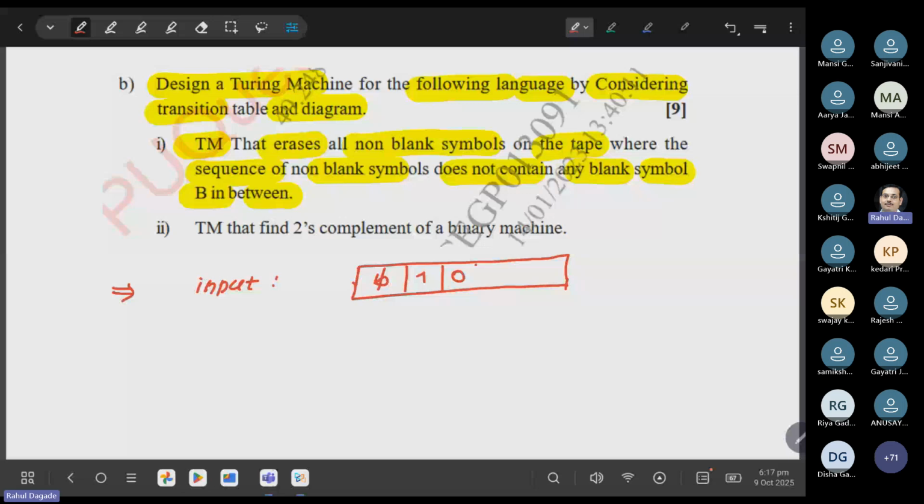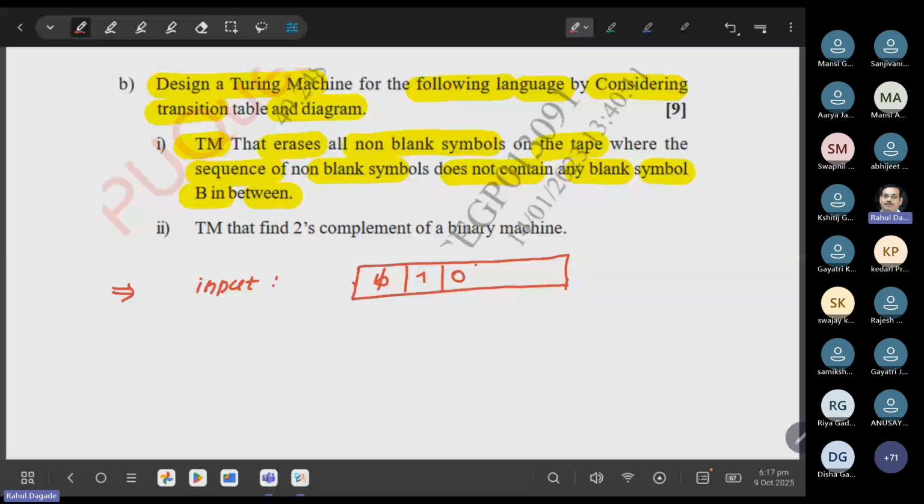What does it have to do now? Replace this 1 by blank. So what is the action expected? Replace 1 by blank, and after replacing 1 by blank, move the head to the right for the next input. So 1 is converted into blank.